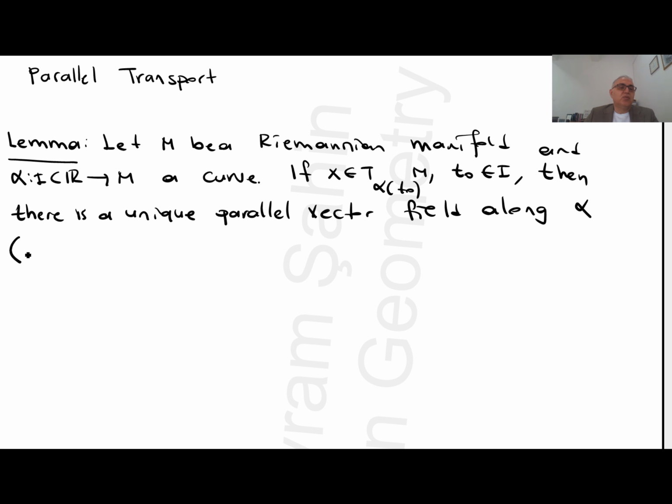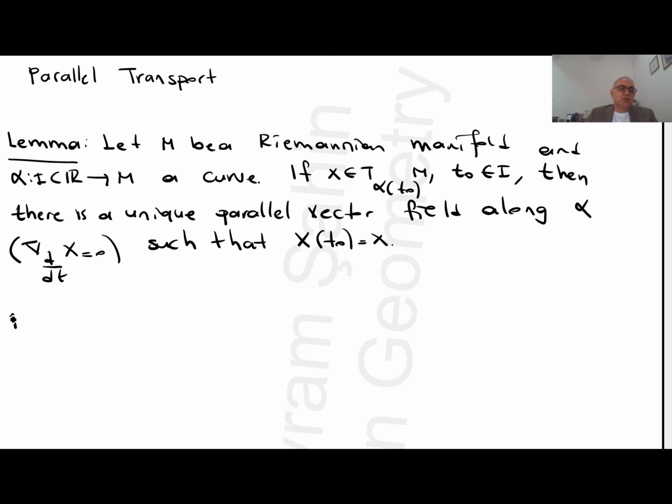So it means we have this one, such that x(t sub 0) will be x. Actually, this implies the existence of the geodesics on a Riemannian manifold.